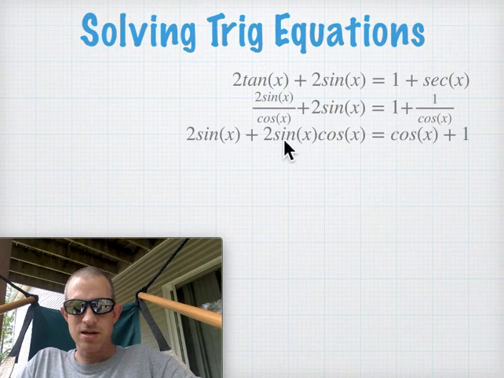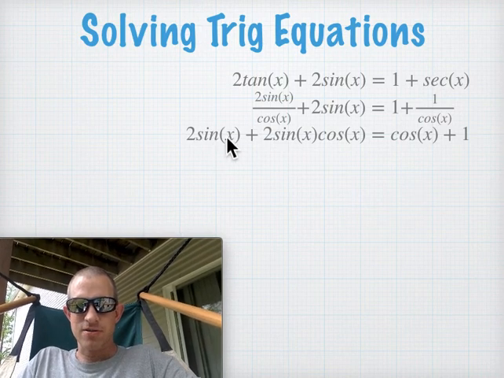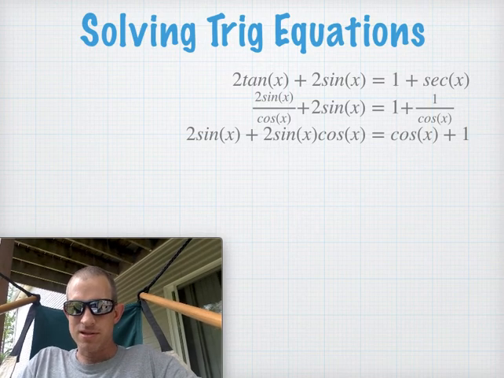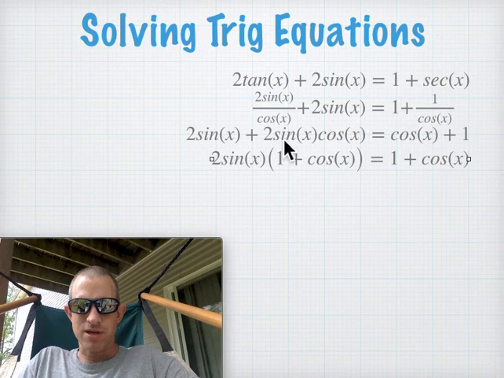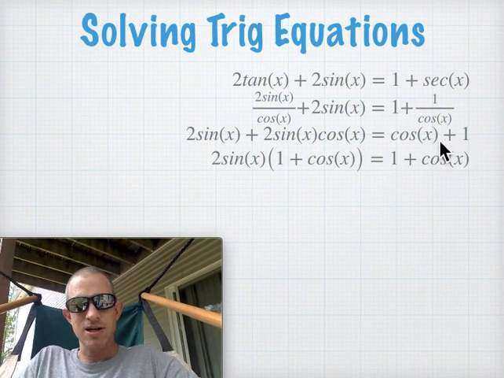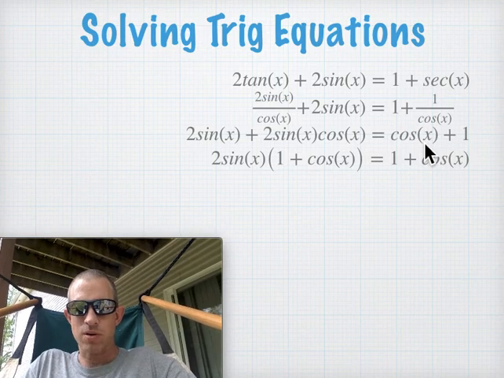There's a 2 sine and a 2 sine here, and so I'm going to suggest, why don't we factor that out? And so if we factor the left-hand side, just pulling out that 2 sine, what's left behind is a 1 plus cosine. And that's actually kind of neat because on the right-hand side, I also have a 1 plus cosine. I know it's out of order, but you can swap those.